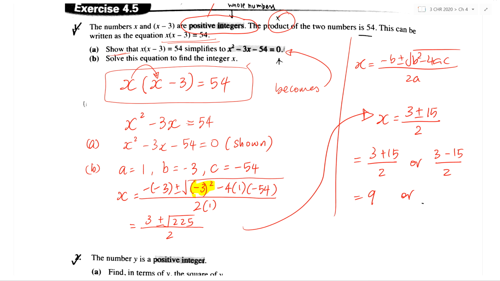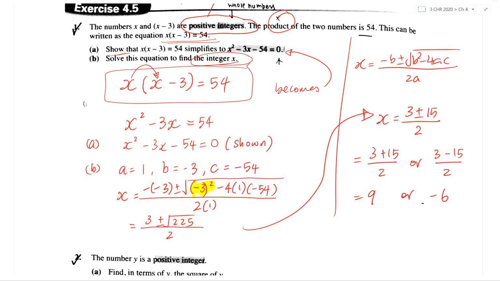The other answer is negative 12 over 2, which is negative 6. They asked us to solve the equation and find the value of x. How many values of x do you have? 2.